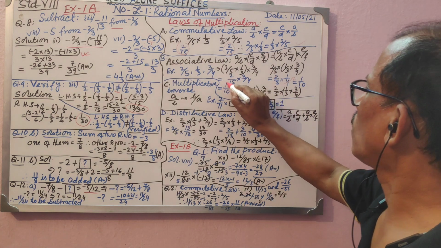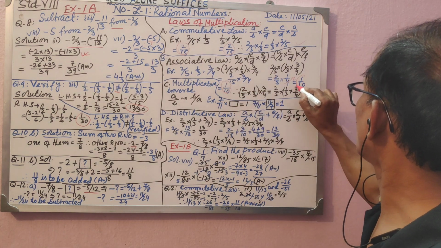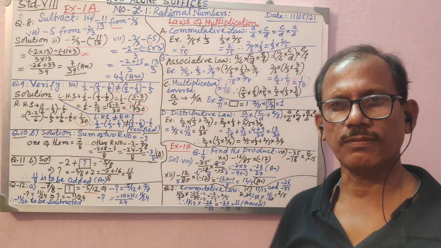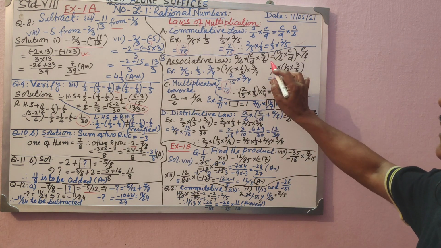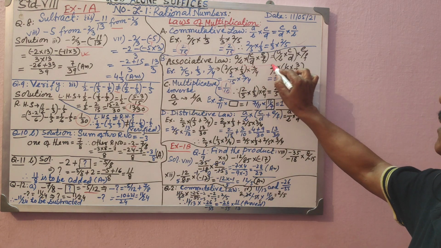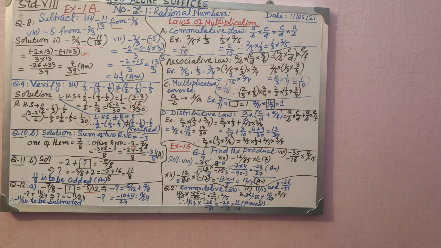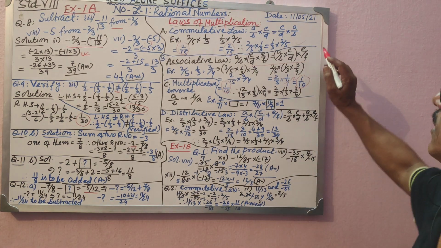Here is also 1 by 10 and here is also 1 by 10. So both the sides are equal. Therefore, associative law is satisfied for multiplication. You can write it as a by b multiplied with the product of c by d and e by f, which will be equal to the product of a by b and c by d, multiplied with e by f.